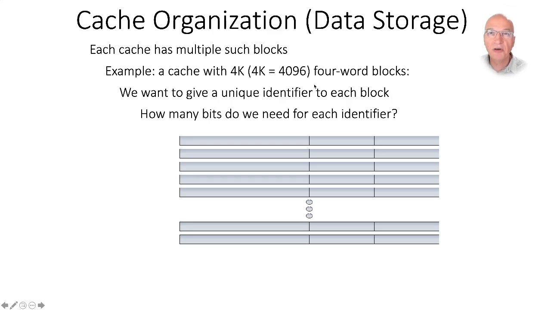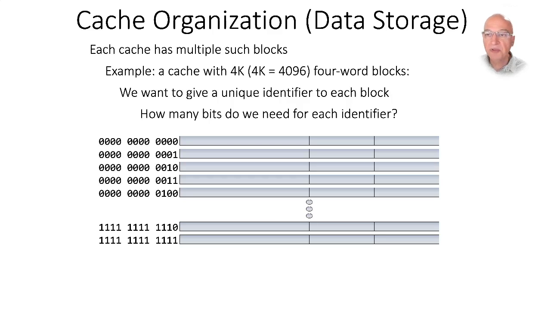Why do I know it's 12 bits? Because 2 to the 10 is 1K, 1024, and 2 to the 2 is 4. So I have 4 times 1K, so I have 2 to the 2 times 2 to the 10, which makes it 12 bits. The identifier that I will give to the first block of 4 words will be 000000000000.